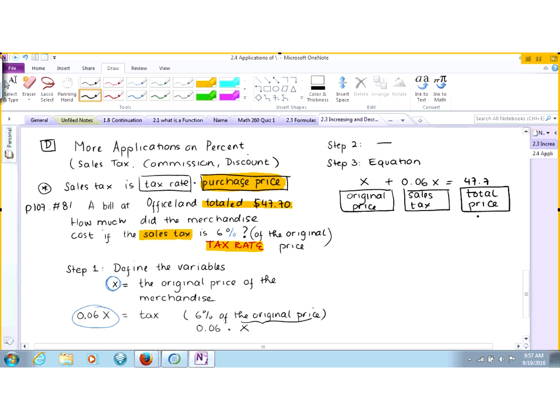The total price is just original price plus sales tax, right? There is no formula for original price. And for sales tax, I gave you the formula. It is tax rate times the purchase price. That's the only formula that we have.